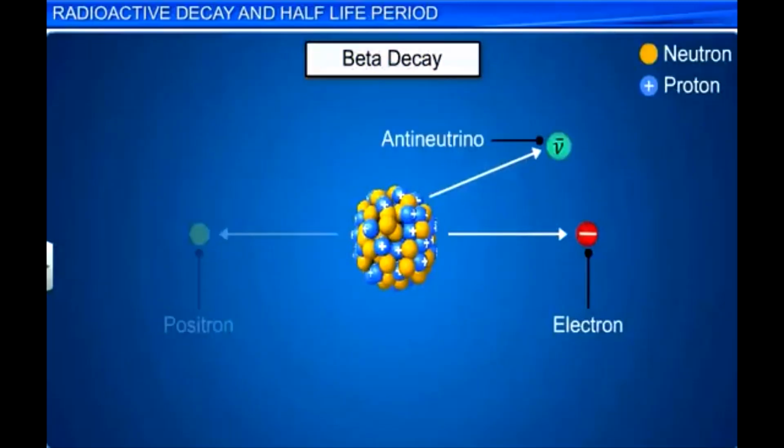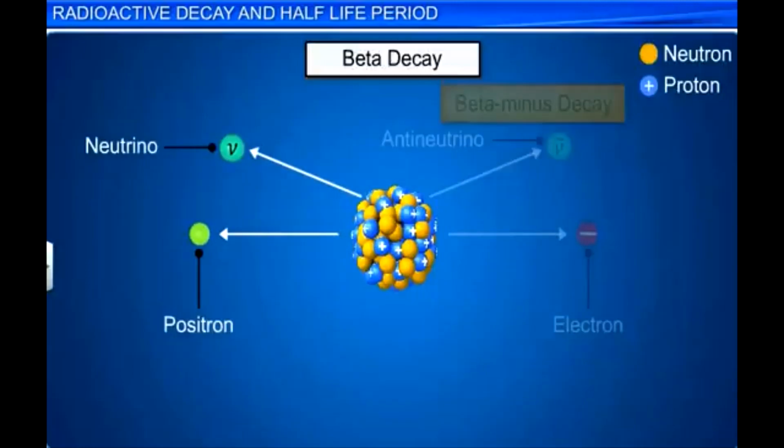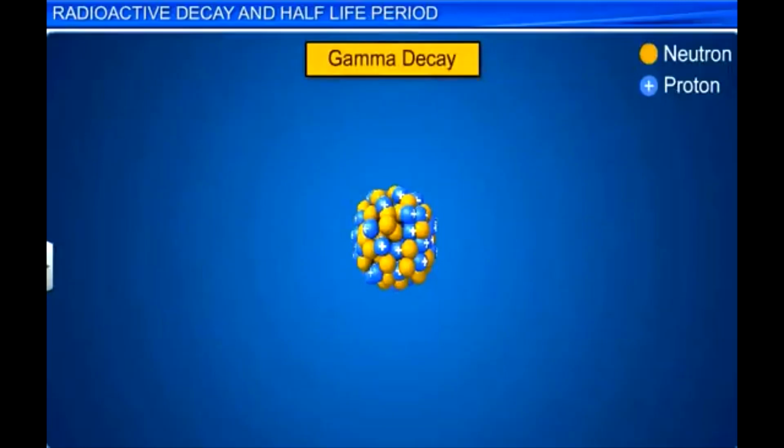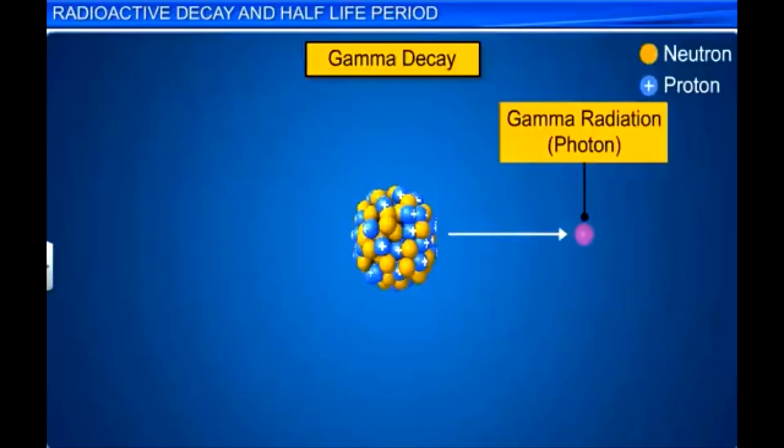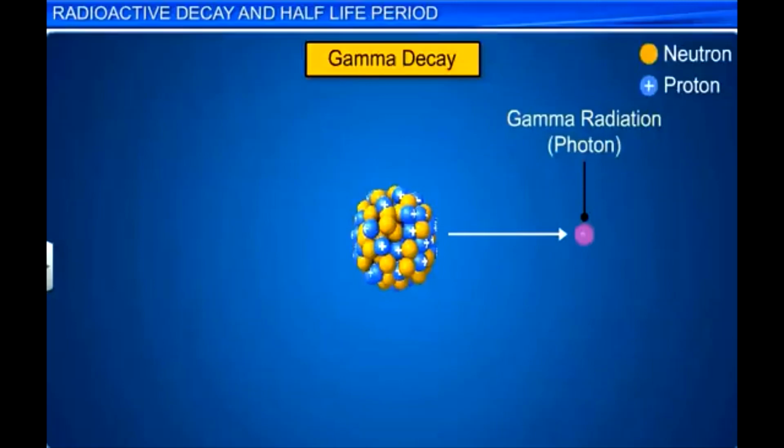If it releases a positron along with a neutrino, it undergoes a beta plus decay. In gamma decay, the radioactive nucleus emits high-energy photon. A detailed study of alpha decay, beta decay, and gamma decay will be taken up later.